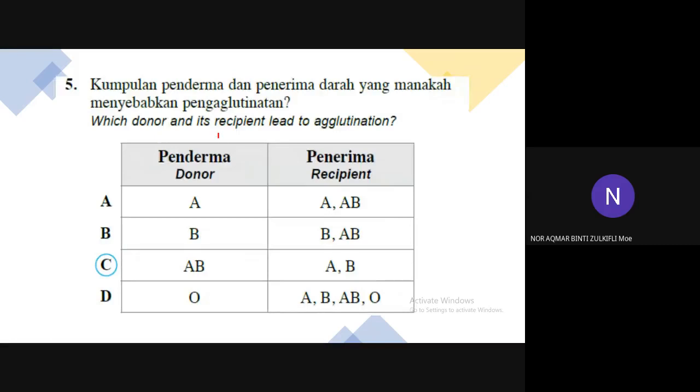Which donor and its recipient lead to agglutination? Agglutination is the same as the word coagulation just now.